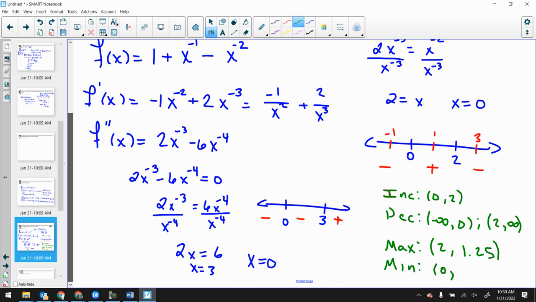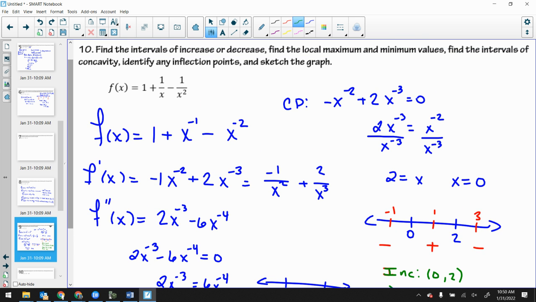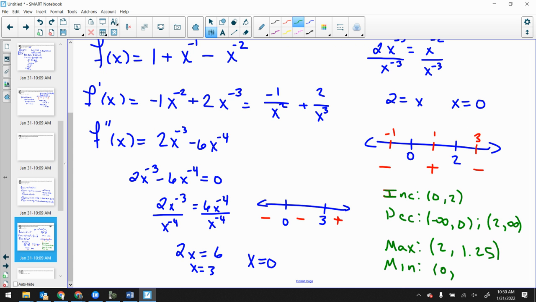So, something weird is happening there, right? If it's 1 divided by 0, doesn't that mean that's the vertical asymptote at that place? So, is there a local minimum at that place? No. It does not exist there. Okay? Because if I tried to plug 0 back in, it doesn't work.